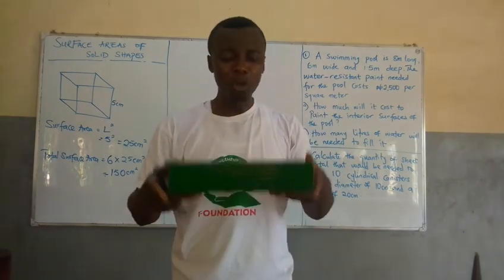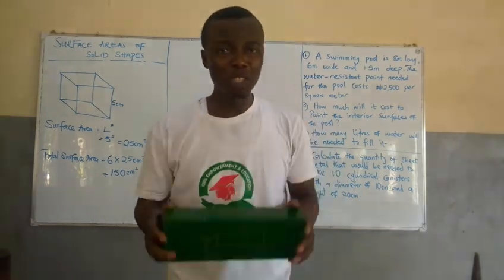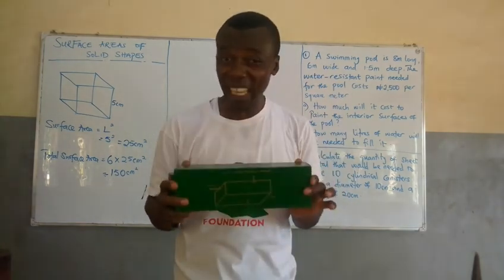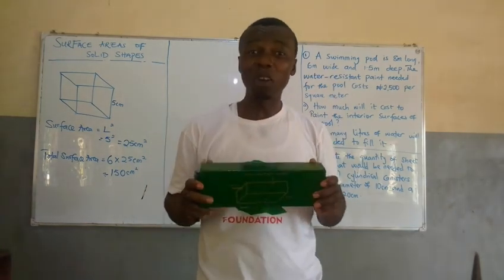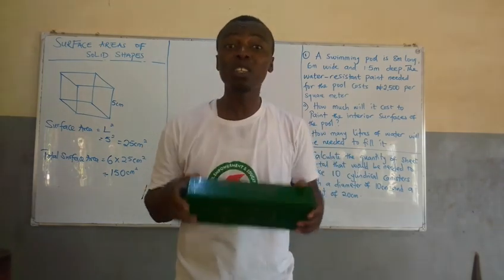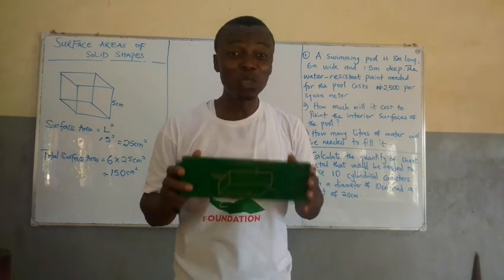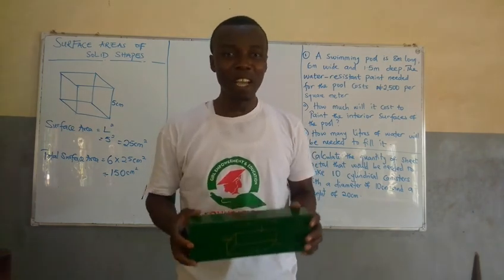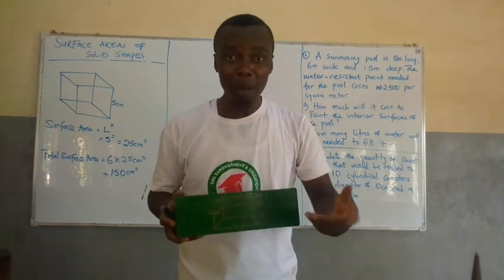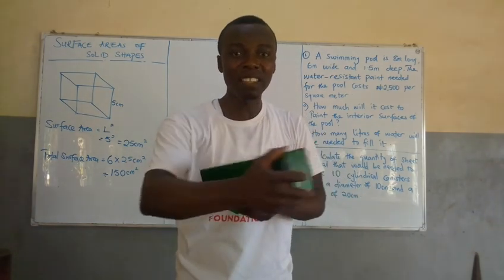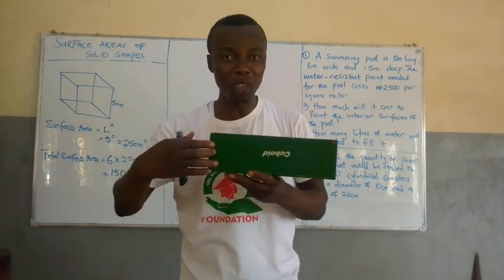So now take a look at this cuboid again, and you discover that it's quite easy to find the total surface area. But for this, remember I said earlier on that you have to know the solid shape well to be able to find the total surface area. So just a recap on that. Remember I said this surface area is the same as this surface area.